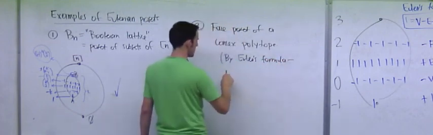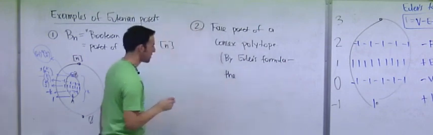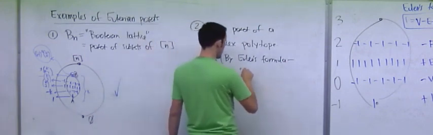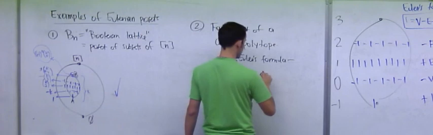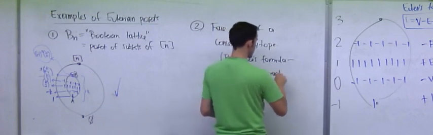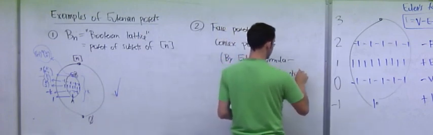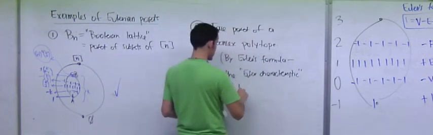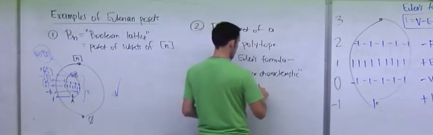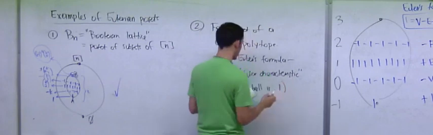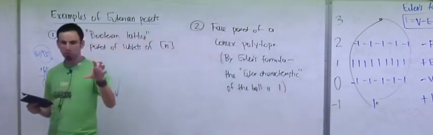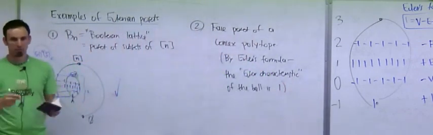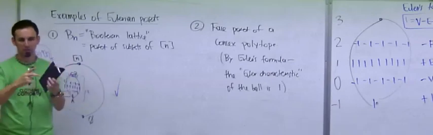And what I told you is that the reason is that the Euler characteristic of the ball is 1. We're thinking that a polytope is just kind of a ball that is flattened, but topologically it's a ball.